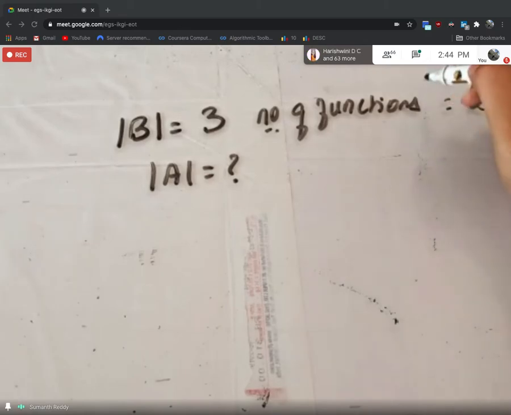So the number of functions is from set A to set B. Very good. Okay, so now I think you can answer this question. Please solve it. After 2 minutes, I'll solve this problem.